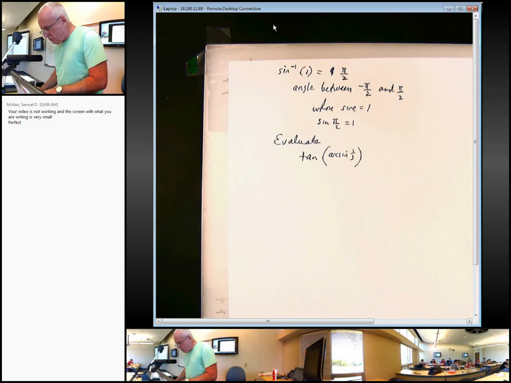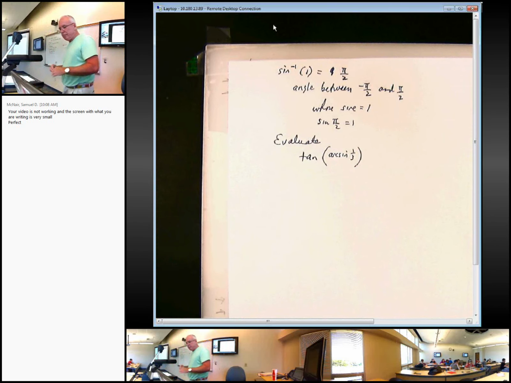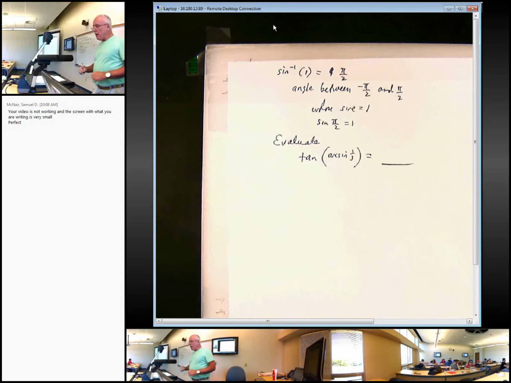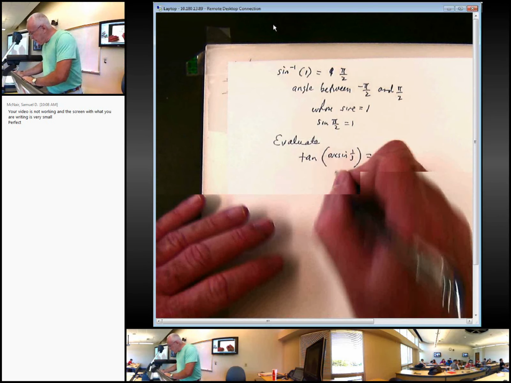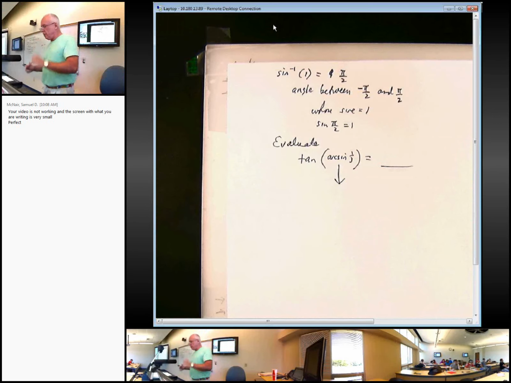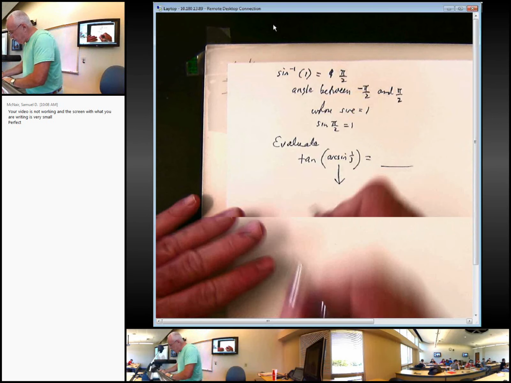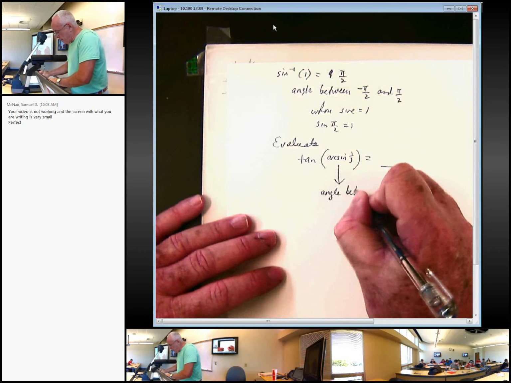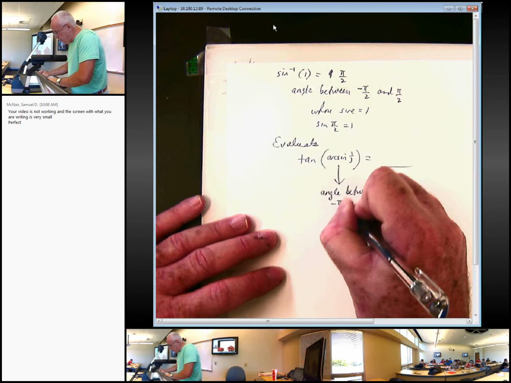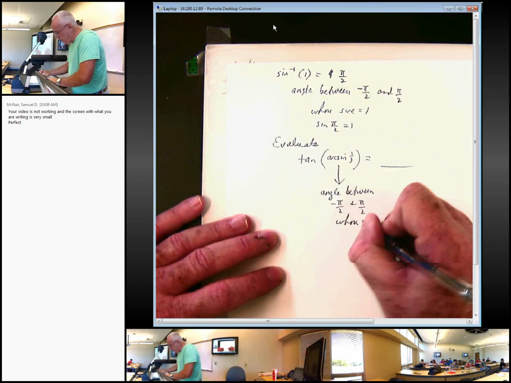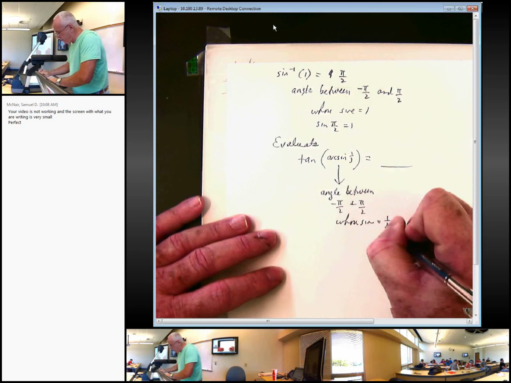Let's figure out what this equals. All right, let's remember what this thing in the parentheses is. The arc sine is an angle. So this is the angle between minus pi over 2 and plus pi over 2 whose sine is equal to 1/3.